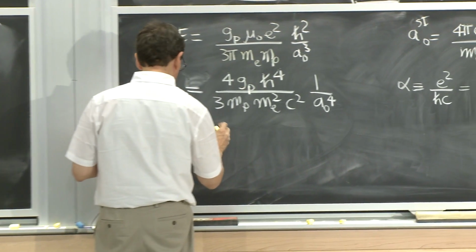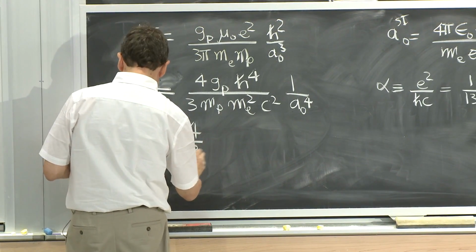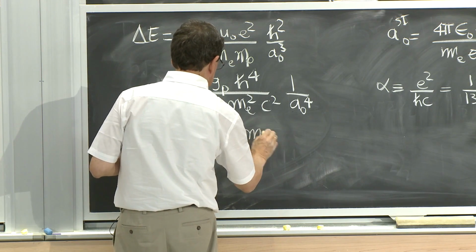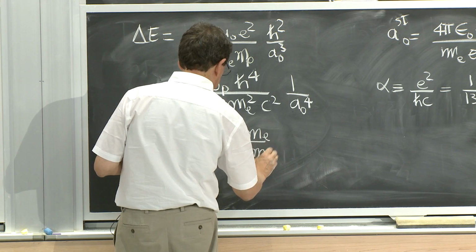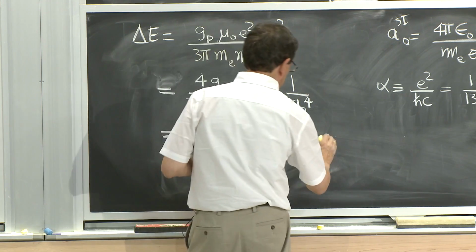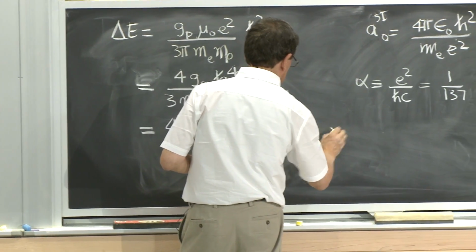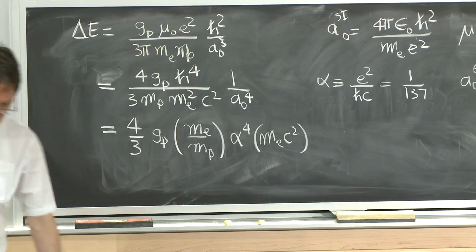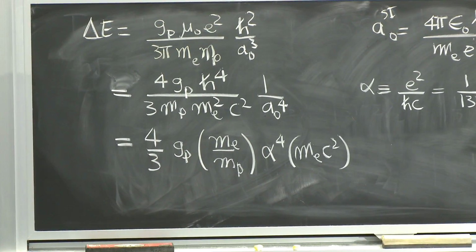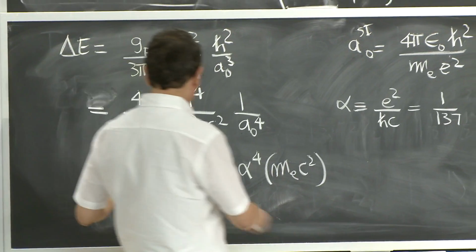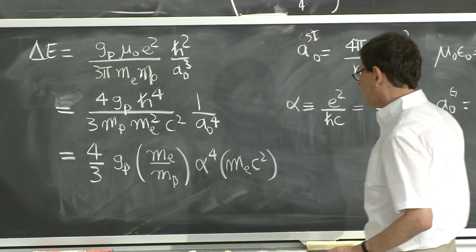Again, something you should do. 4/3 GP, ME over MP, alpha to the 4th, MEC squared. This is a formula I claim a human can understand. Why is that? First, I see the units already.